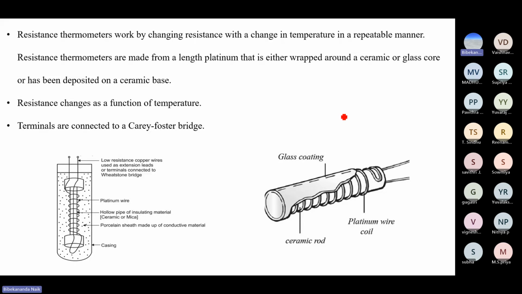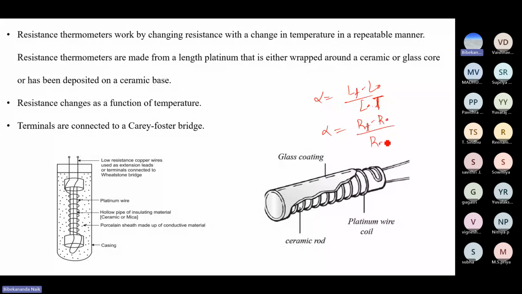In linear expansion we were saying alpha equals LT minus L0 by L0 into T. Sorry, this is delta T, the temperature difference. Similarly, in case of resistance also, there is a temperature coefficient of resistance, which is given by RT minus R0 divided by R0 into T.